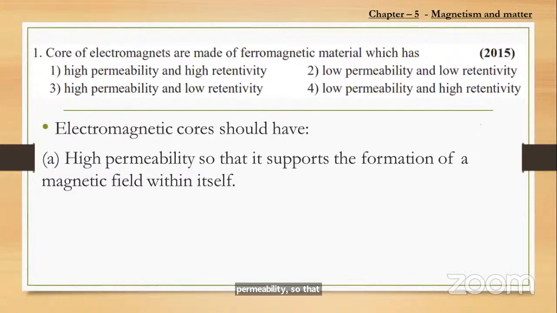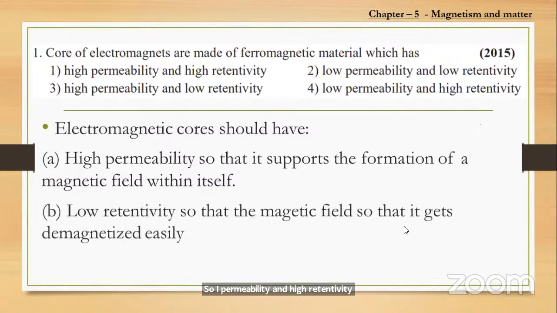So it requires high permeability and high retentivity, so it retains the magnetic field property for a longer time.